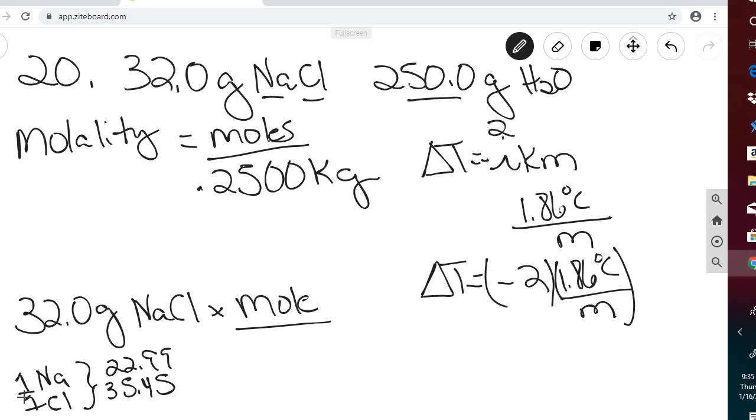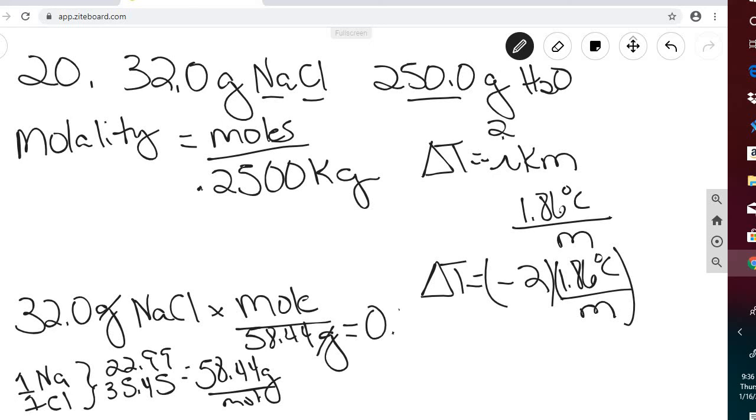Adding those together, you should get 58.44 grams in a mole. Okay, so let's plug that in here. 58.44 grams is a mole. So 32 divided by 58.44 will give us 0.548 moles.